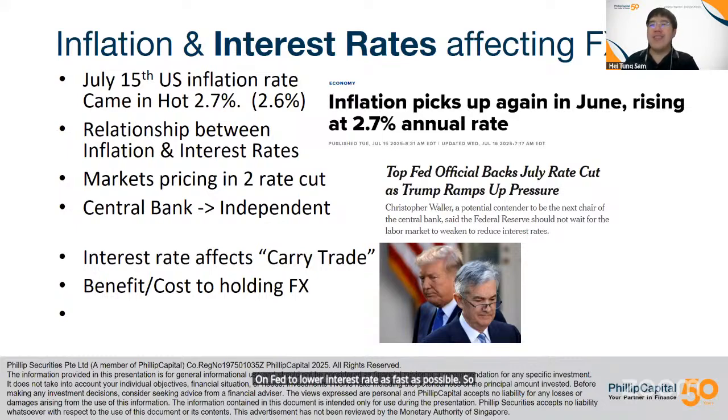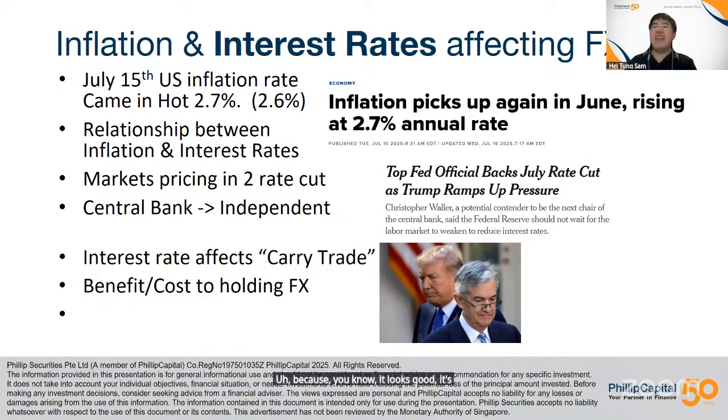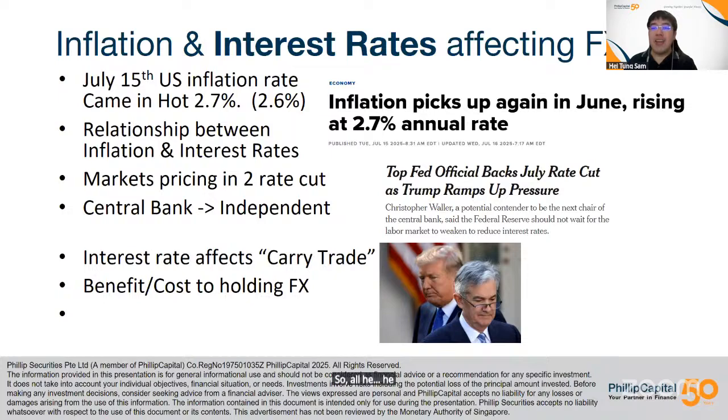So it's a sort of dance between the Fed and the president. Donald Trump wants lower interest rates because it looks good. It's a stimulation thing, but it's inflationary. But Jerome Powell, because central banks are generally independent, doesn't need to report to the president. He can only be fired if he cannot manage inflation or employment. That's it.